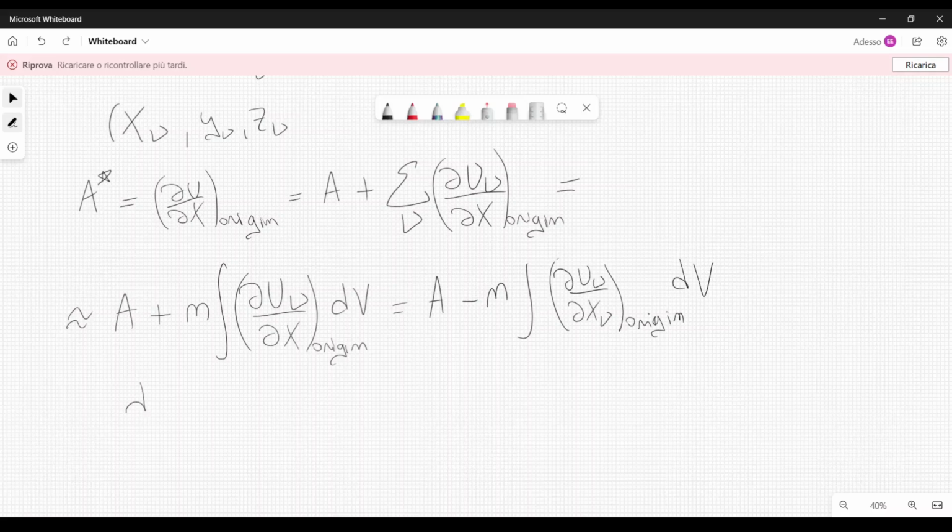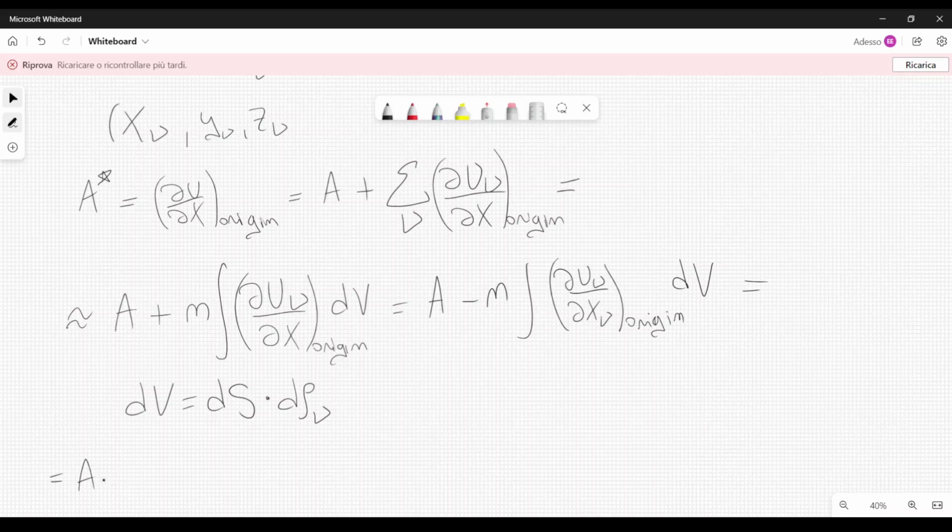dv. Now the differential of the volume can be written as the differential of the surface, and we multiply by the differential of the radial distance rho nu. This is as if we were using spherical coordinates, and in order to calculate the integral, indeed, we will resort to spherical coordinates. And let's rewrite this.